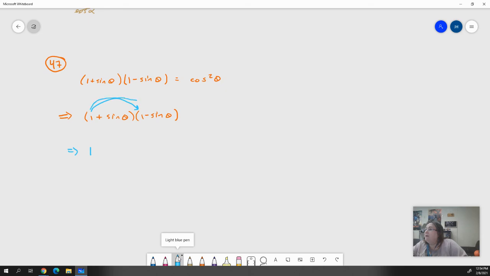And then here I've got 1 times negative sine of theta, so that's going to give me minus sine theta. So we've done everything we can with that 1, so now we're going to multiply this sine theta times each piece. So we've got sine theta times 1, well, that's plus sine of theta. And then we have sine theta times negative sine theta, and that's minus sine squared theta.